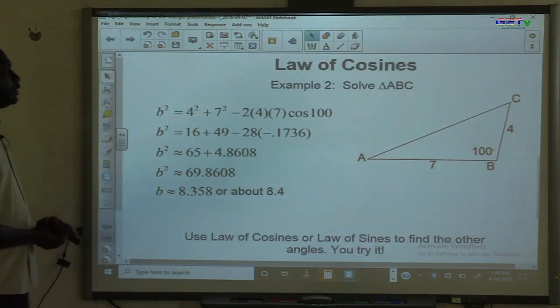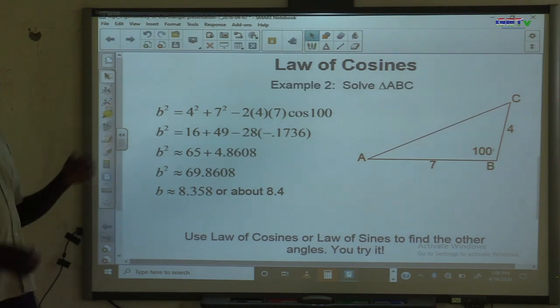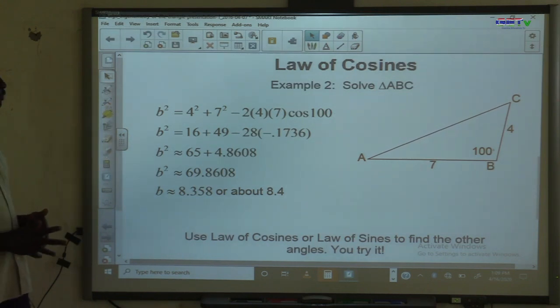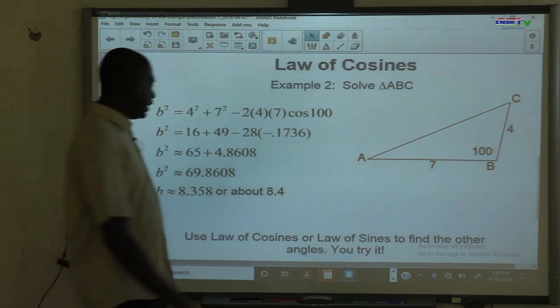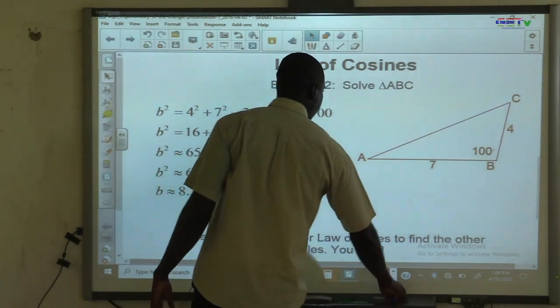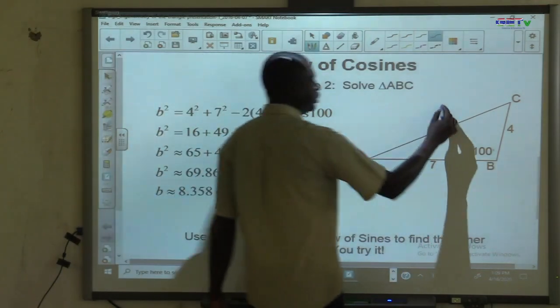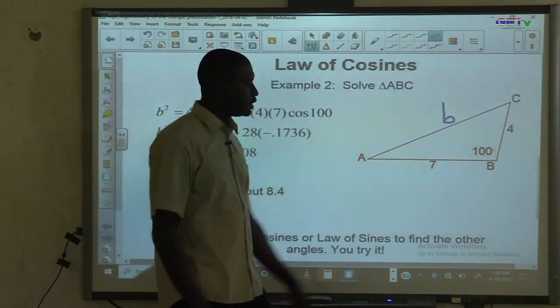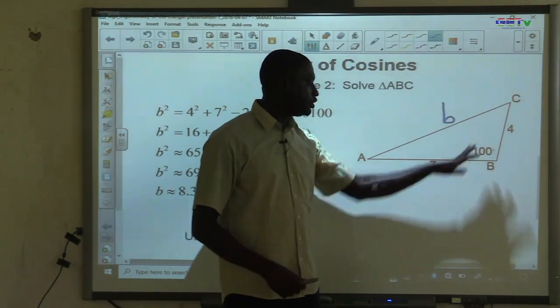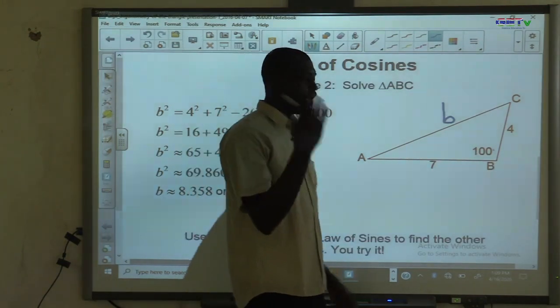So another example, example 2 there. Find the angles of triangle ABC. We'll start with B, the angle opposite the side. Angle B there is given as 100 degrees, and we are given two sides.